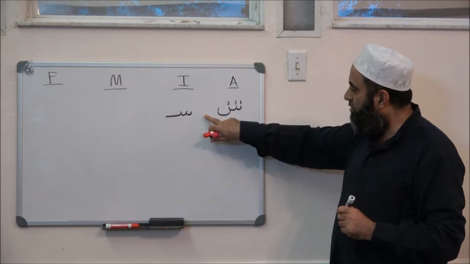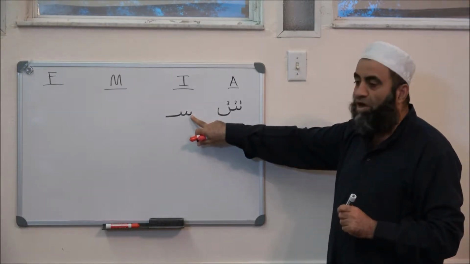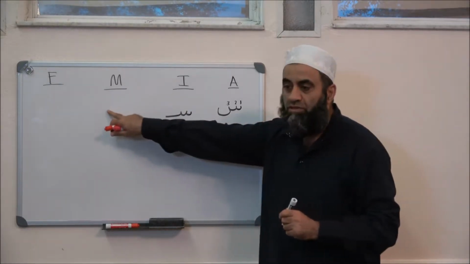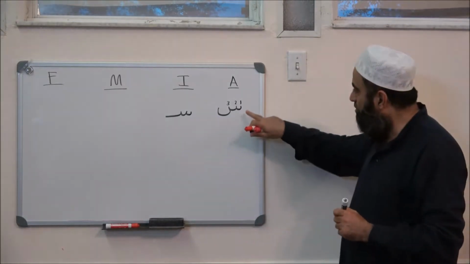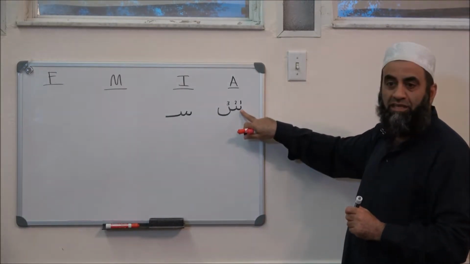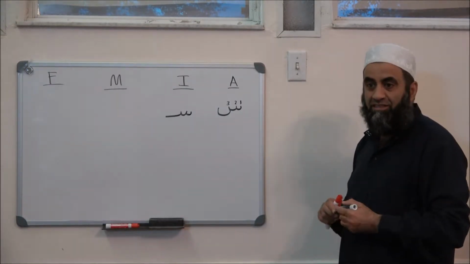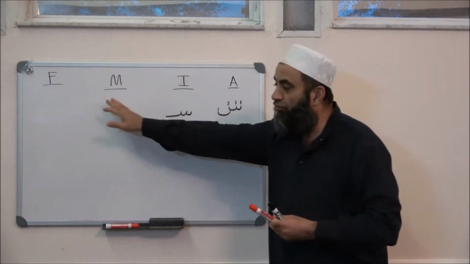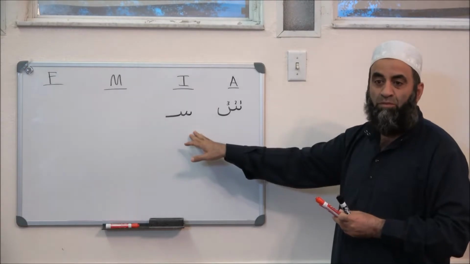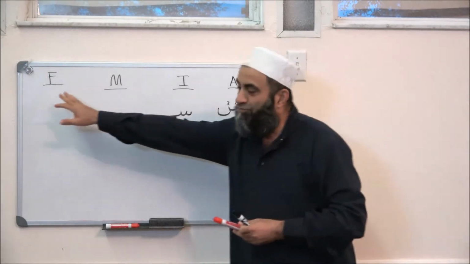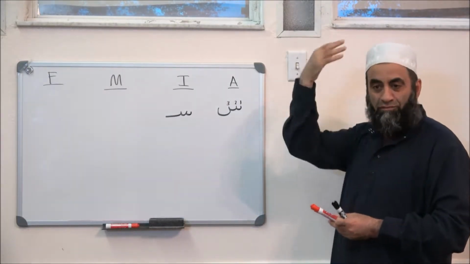If I put a connection wire from this side, I will produce the middle form. And if I put a connection wire from this side, I will produce the final form or end form, right? So remember, the middle form I get from the initial form, and the final form I get from the full form.